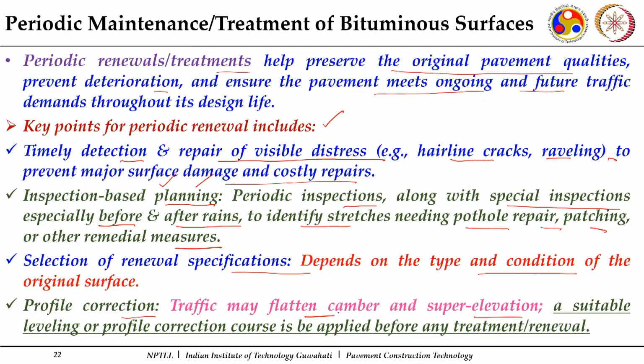Traffic may flatten camber and super elevation, so a suitable leveling or profile correction course is to be applied before any treatment and renewal is done. So, these are certain important aspects which need to be taken care of when we are looking into these treatments or maintenance for bituminous pavements.